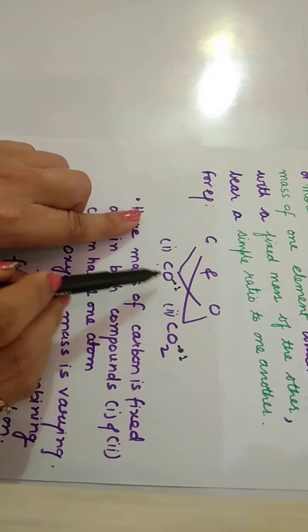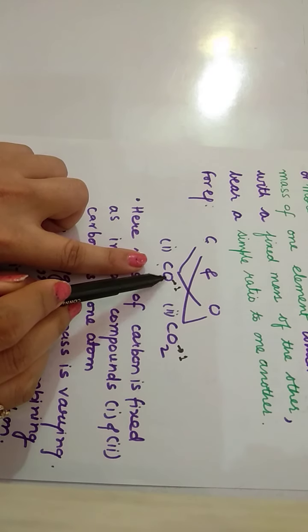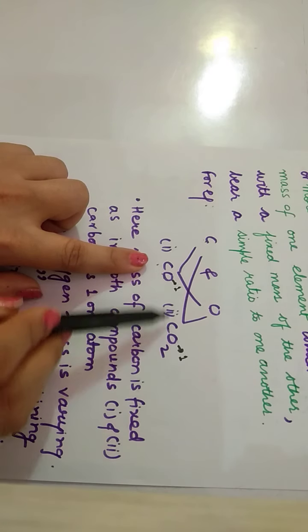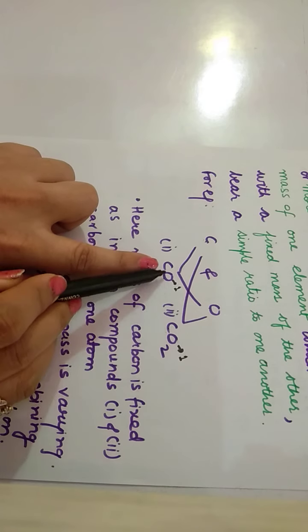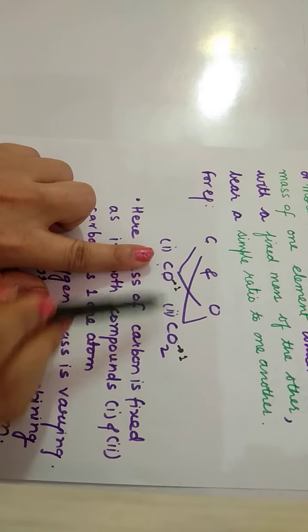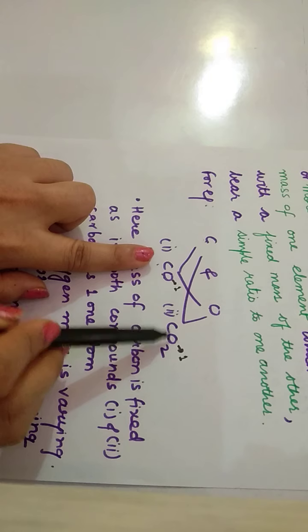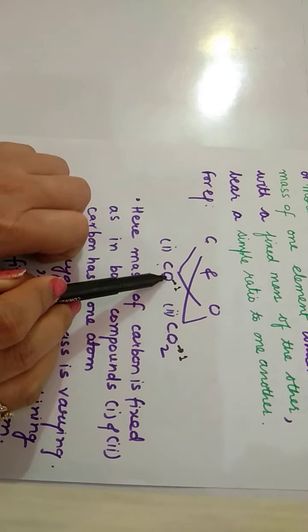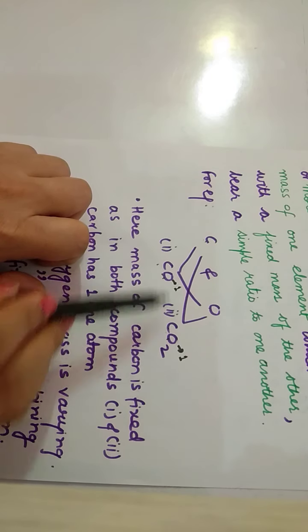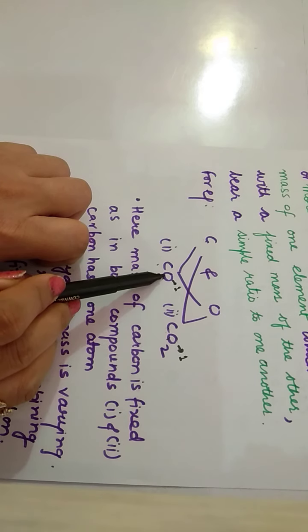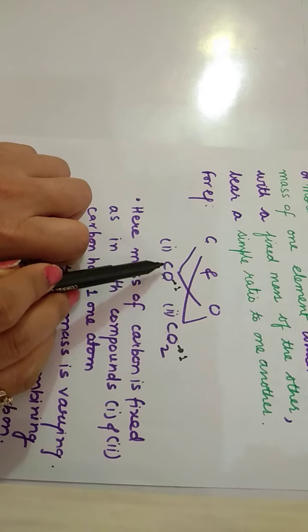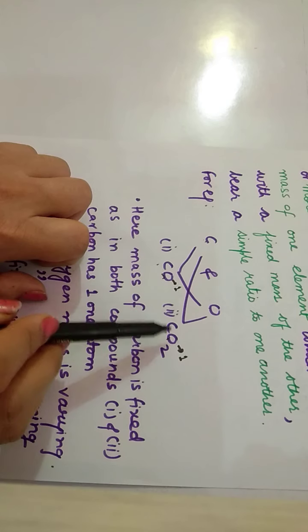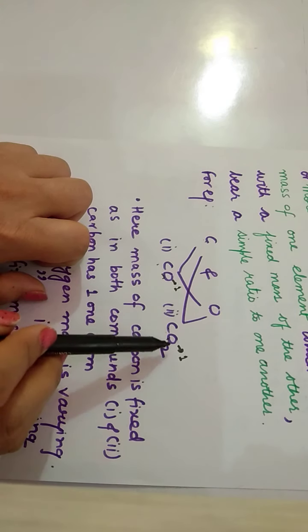Then in this law, for the element whose mass is varying, you have to take out the ratio of the mass of that element. So you need to take out the ratio of the mass of oxygen.